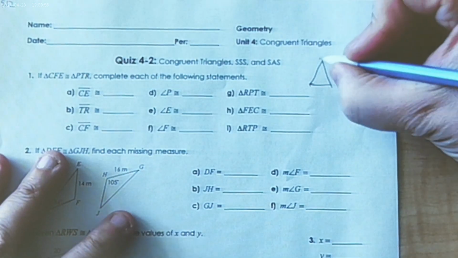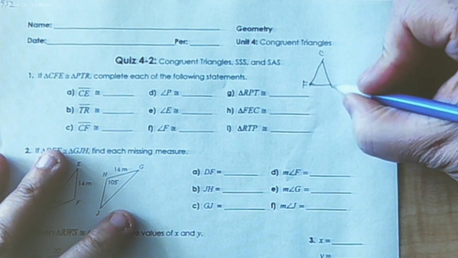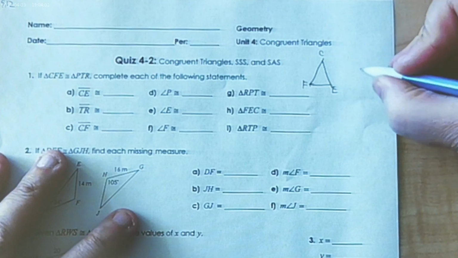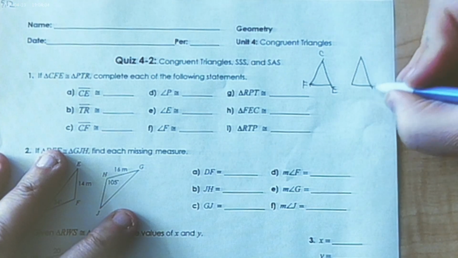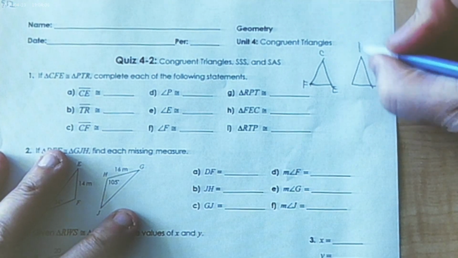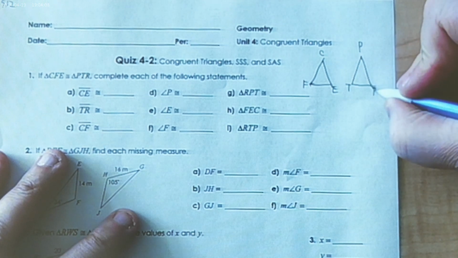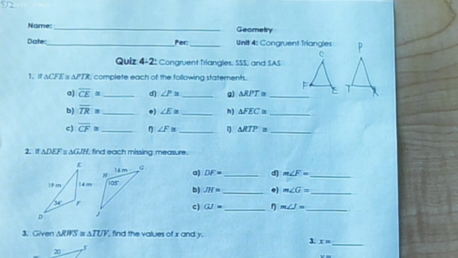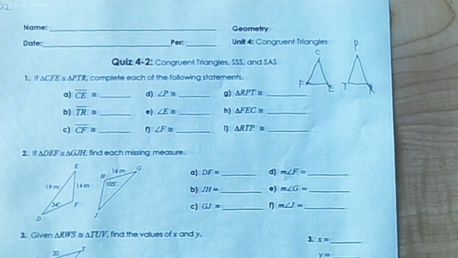So I've got C, F, E, and that is congruent to PTR. The way that I drew these is they're congruent to each other relative to their position.